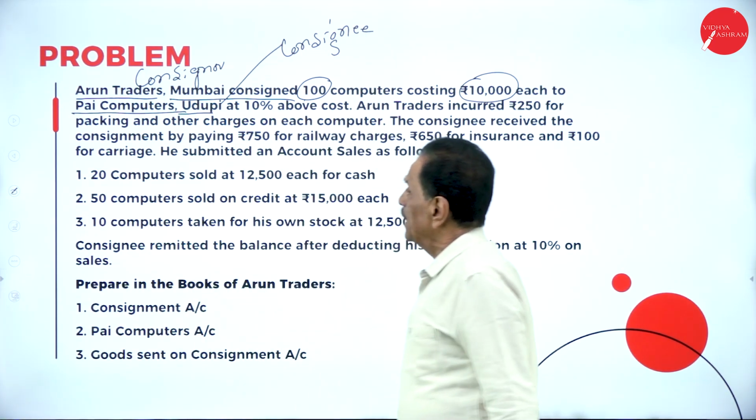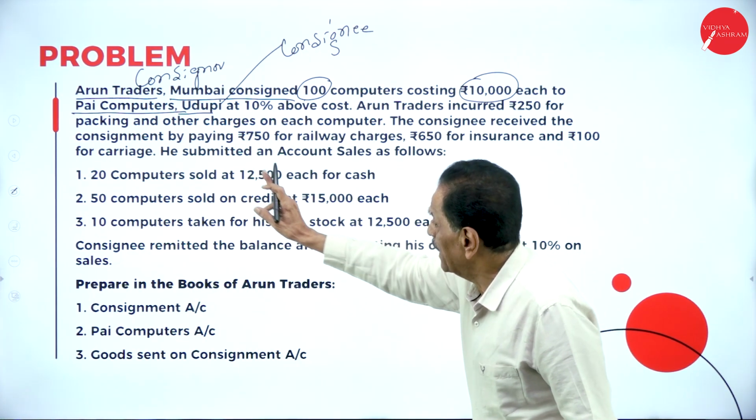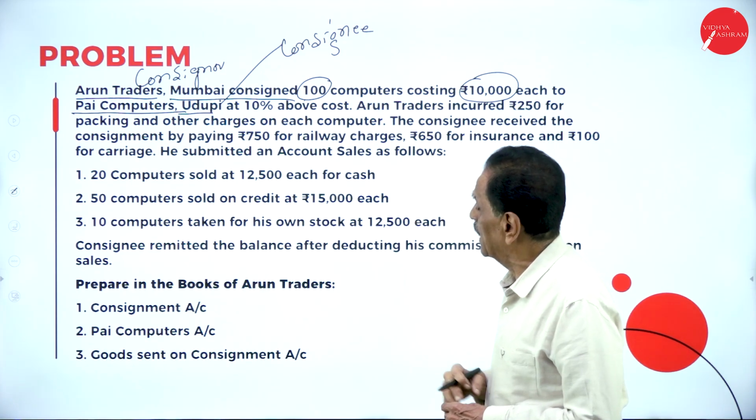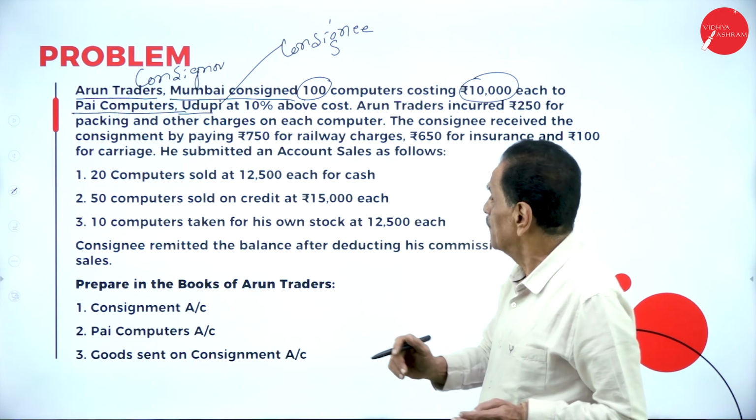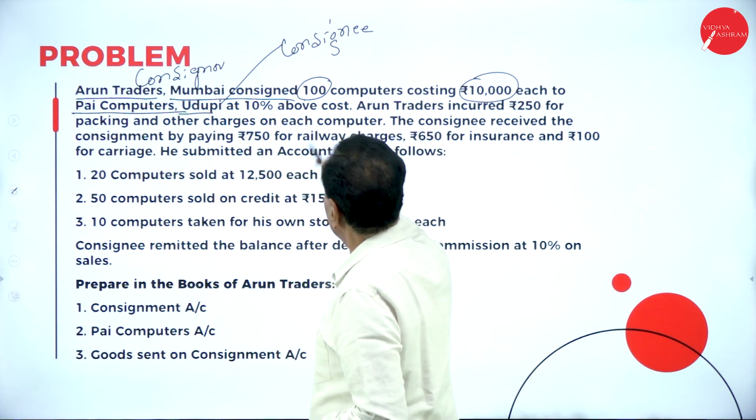So Arun Traders is the consignor, Sri Computers, Udupi is the consignee. The goods move from Mumbai to Udupi, Karnataka at 10% above cost.